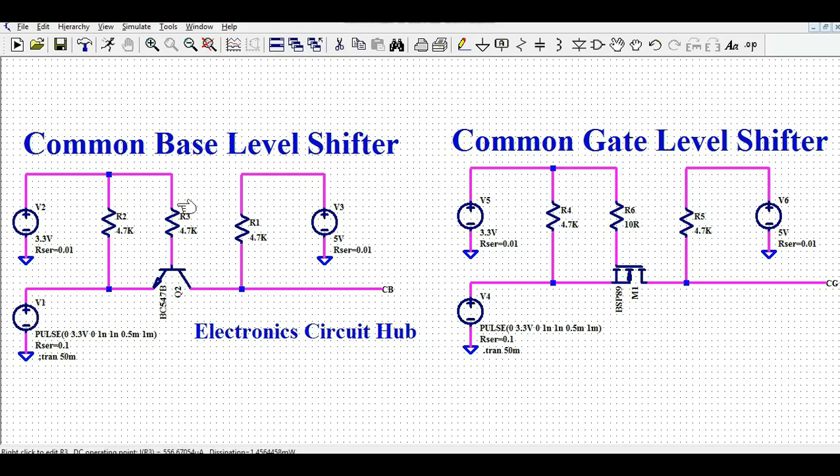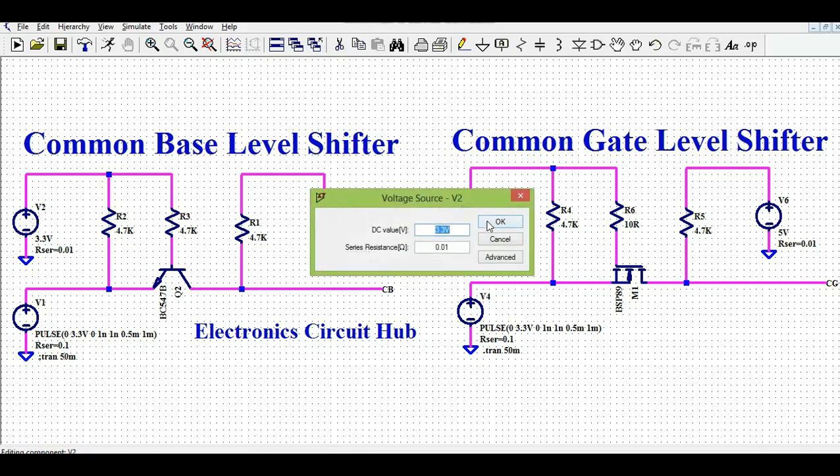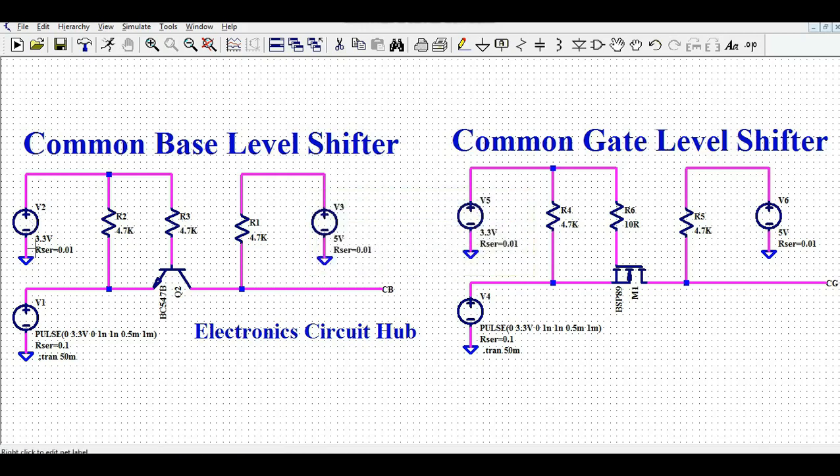The base of this NPN transistor is connected with base resistance R3, that is 4.7k, and from this resistance I have connected one DC voltage. The amplitude of this DC voltage is 3.3 volt. So on this side we have 3.3 volt DC, and here we have the 3.3 volt pulsating DC with a frequency of 1 kilohertz.